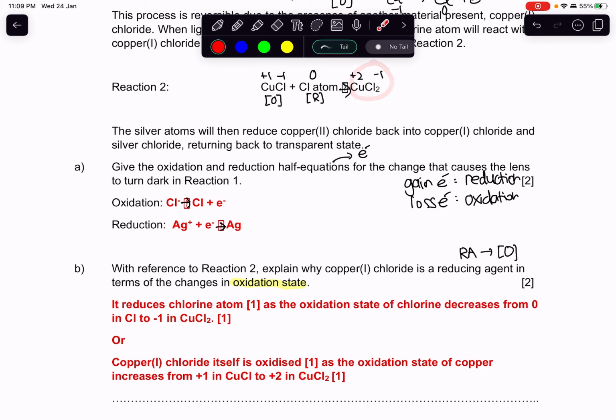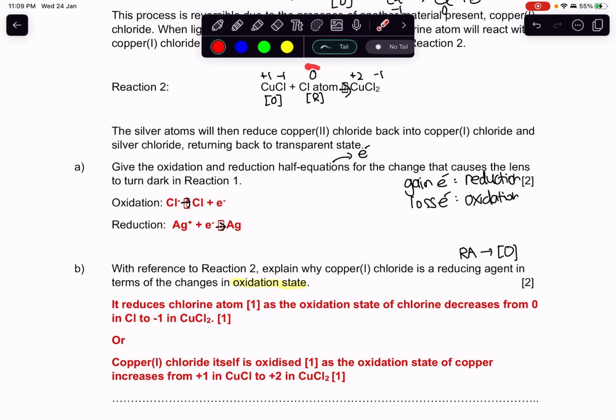So do not use chlorine. You cannot prove using chlorine, so you have to look at copper. Copper is plus 1 in CuCl, plus 2 in CuCl2. Therefore, you say OS of copper increases from plus 1 in CuCl to plus 2 in CuCl2. Therefore, you have shown that it itself is oxidized, and you will get 2 marks already.